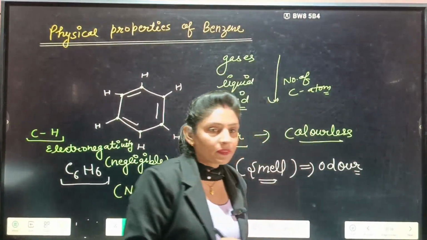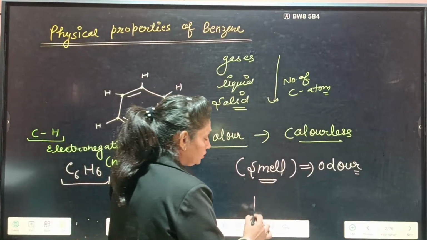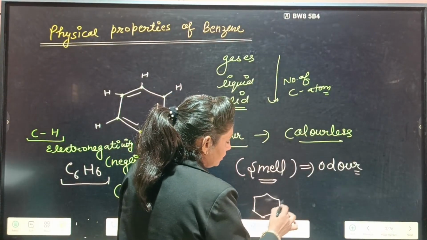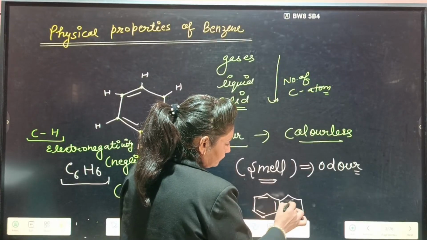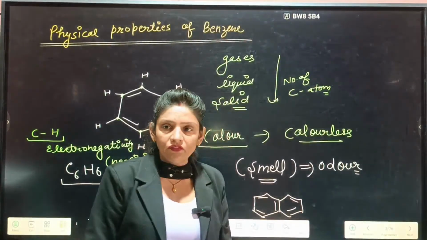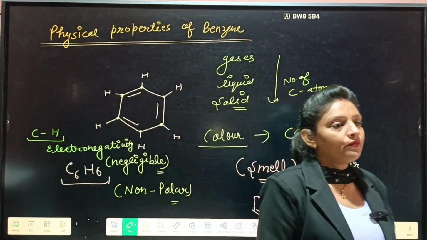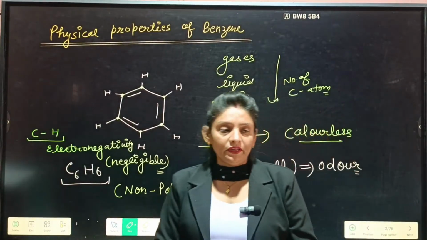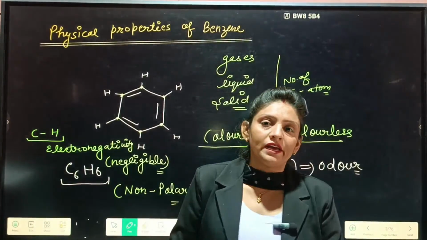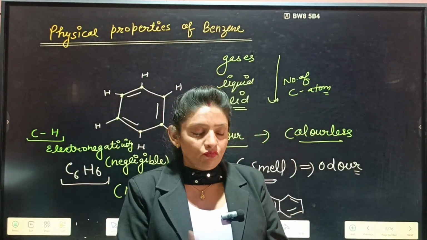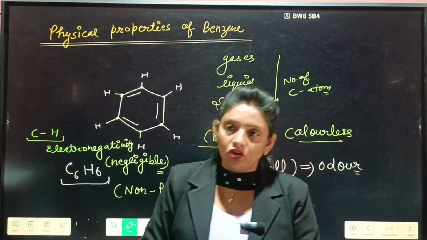You can see naphthalene balls. Naphthalene, I already told, means 2 benzene rings. Students, for the preservation of our clothes from insects, we put some naphthalene balls in the box in which we keep our clothes.